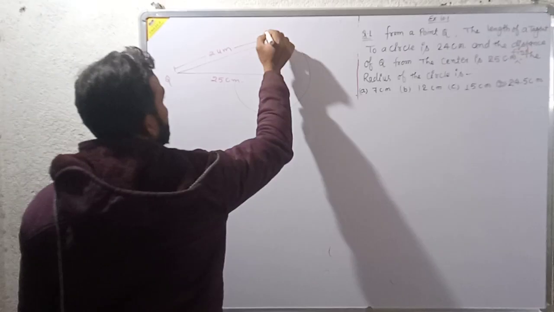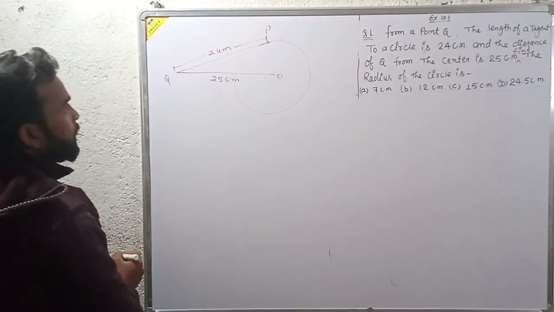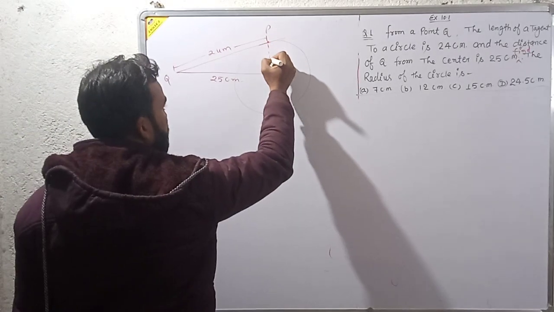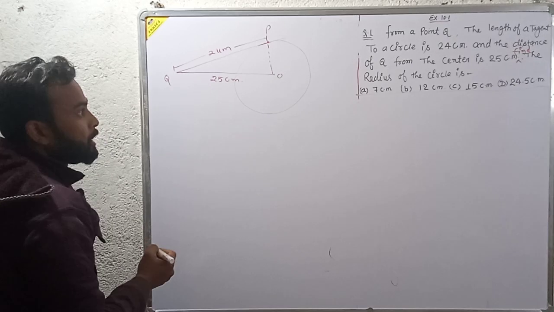Let me suppose this point will be P. Now this is equal to the radius of the circle. Clear?